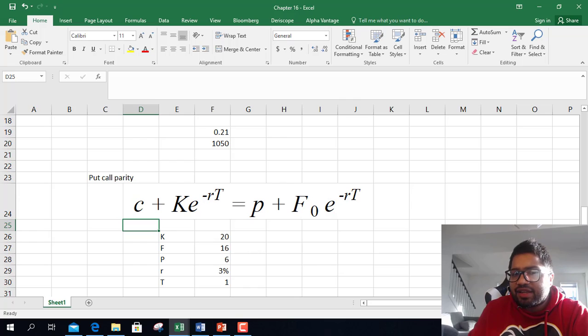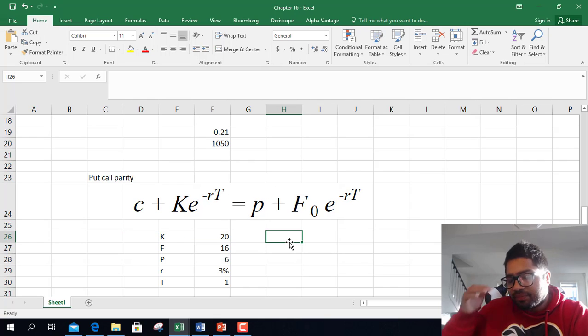So you can rearrange the formula. It will be put plus future price discounted at the risk free rate minus K e to the power minus RT.